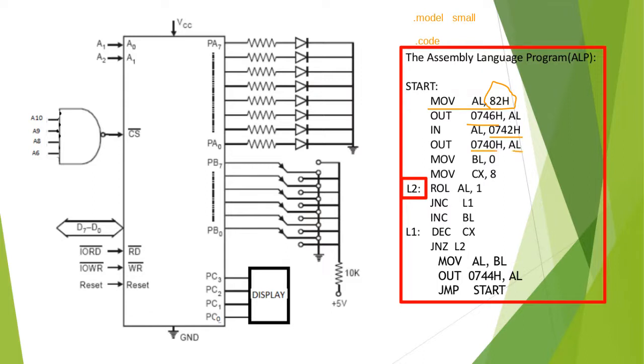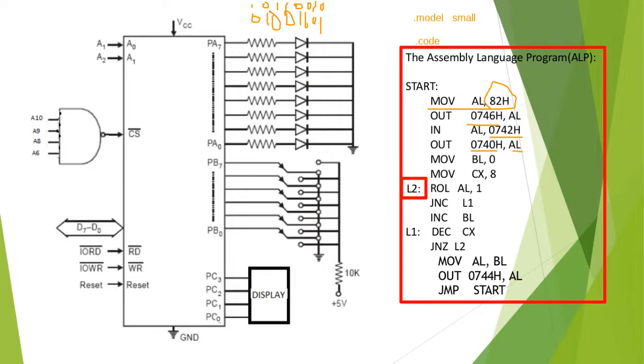But if it needs the opposite pattern, for example, if the input switch pattern is 0 1 0 0 1 1 0 1, and the LEDs are the opposite pattern, that means a 0 means LED on, and a 1 means LED off. If something is like the opposite pattern, then we must make a NOT operation here, NOT AL.